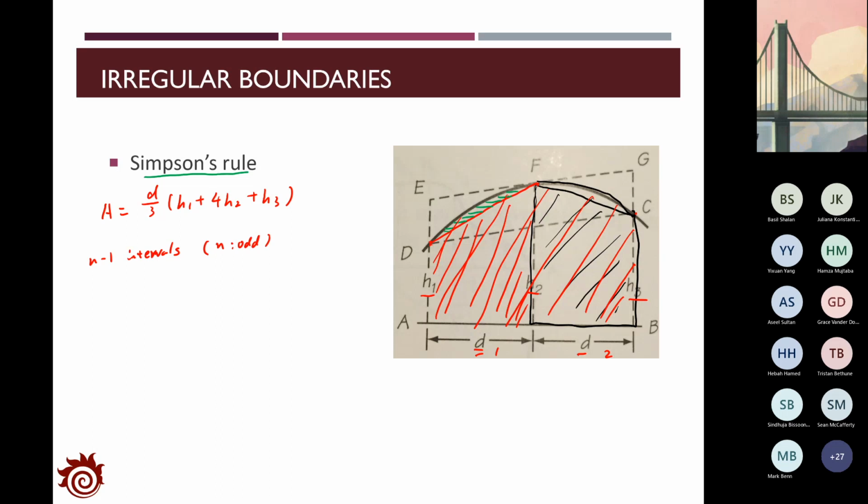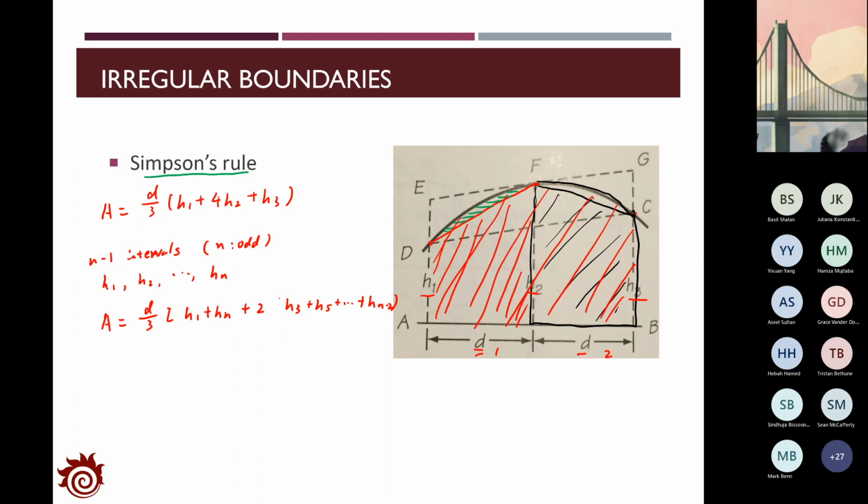In that sense, if we measure the height of all the intervals, you can then apply Simpson's rule to get the area as 1/3 of d times (H1 plus Hn plus 2 times (H3 plus H5 until you get Hn-2).